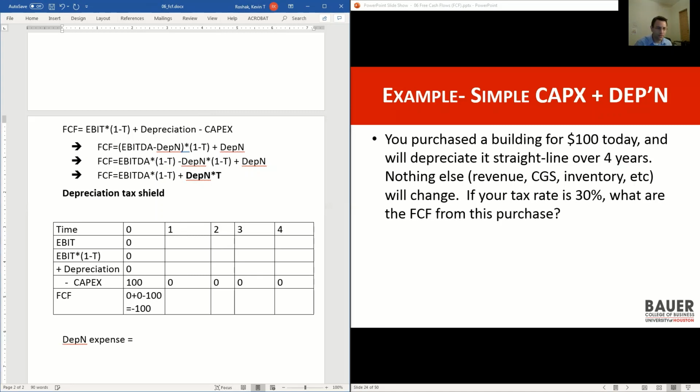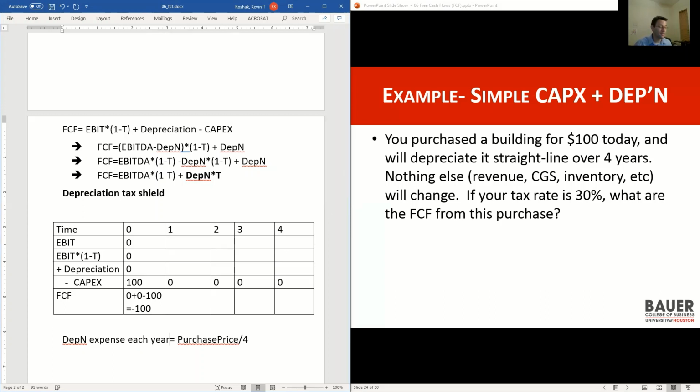We bought the building for $100. So if we're going to depreciate it over 4 years, straight line, that means that our depreciation expense is going to be the purchase price divided by 4. This is going to be the expense each year for 4 years.